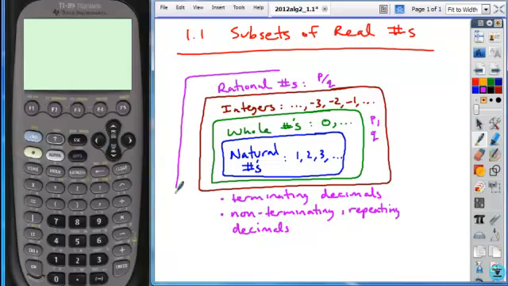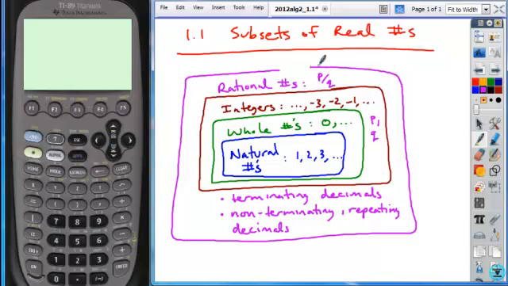So when we're looking at rational numbers, we can include fractions here. So a fraction like 1/2 or -3/7 would be an example of rational numbers. It's the ratio of two integers.